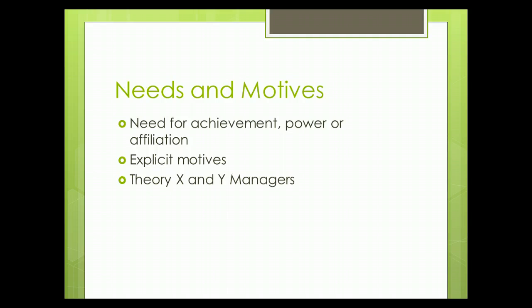So when we continue to talk about motives, we're trying to meet our personal needs, and we have various motives. The explicit motives are the reasons we give for our actions. These are our conscious motives. So we may have within our motives some extrinsic aspirations.